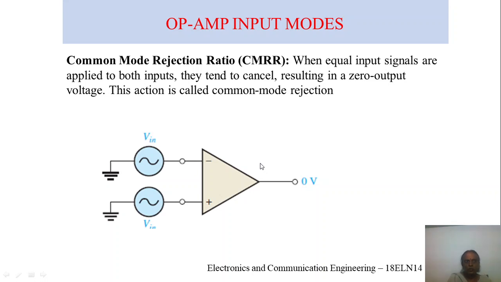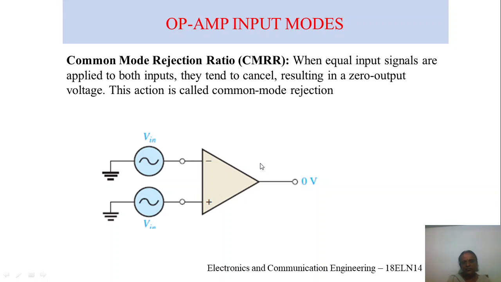In the common mode, the two signal voltages are of the same phase, same frequency and same amplitude. Remember this. These are the keywords being applied to the two inputs.